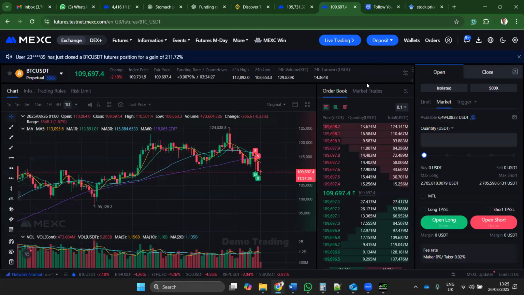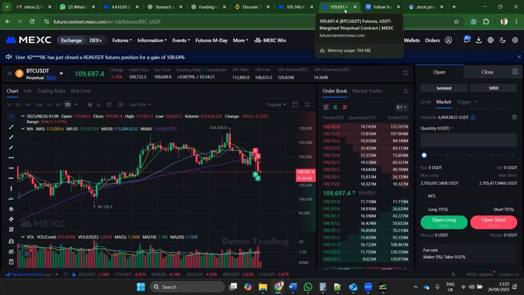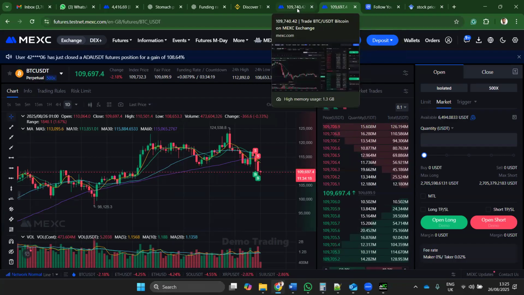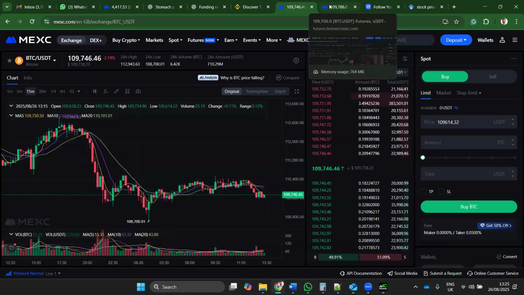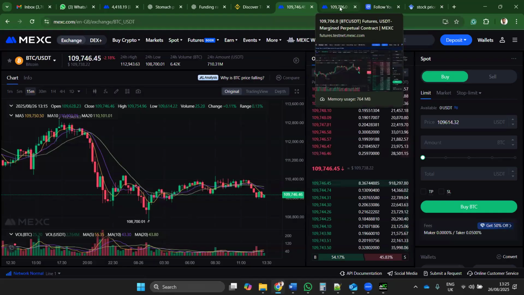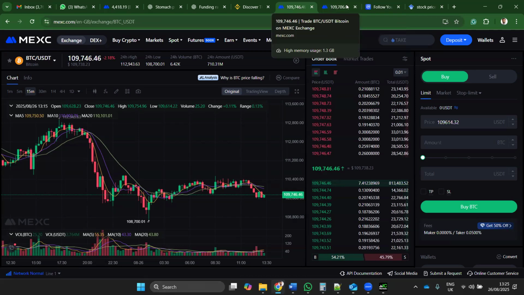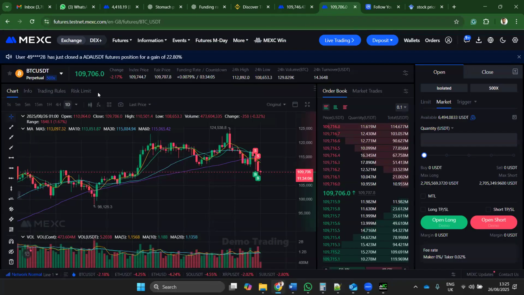Here the price could be slightly different, which you can see in this case is 109,697, whereas the price in the case of spot is 739. So the price is slightly higher in the case of spot, and in the future the price is slightly lower, $30 for now.